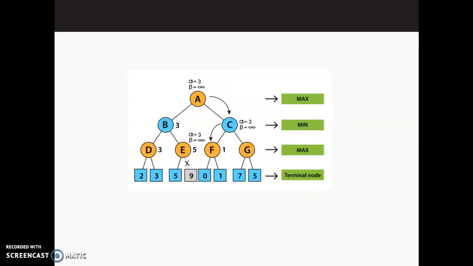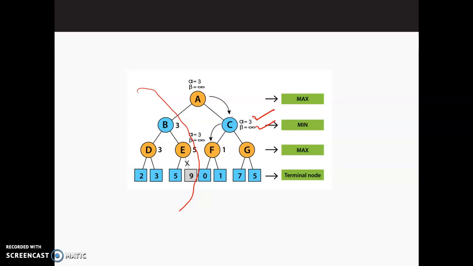Now we have already completed this part. Now we will move to the right side. So we will transfer the value to node C. So here we are transferring the value of alpha and beta to node C. Here you can see the value of alpha is 3 and beta is infinite.